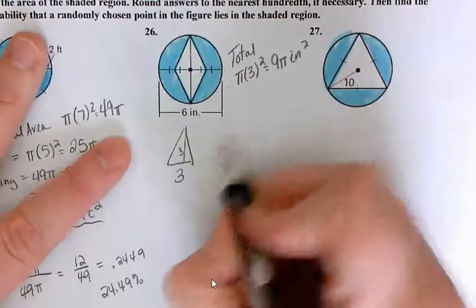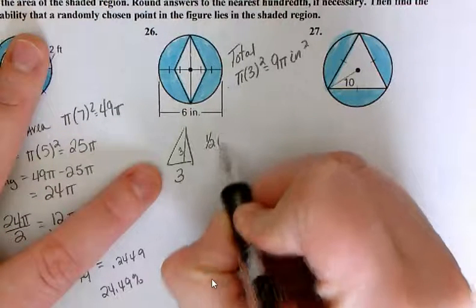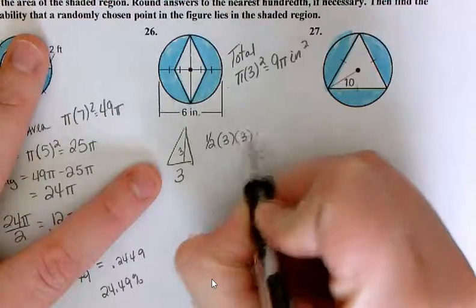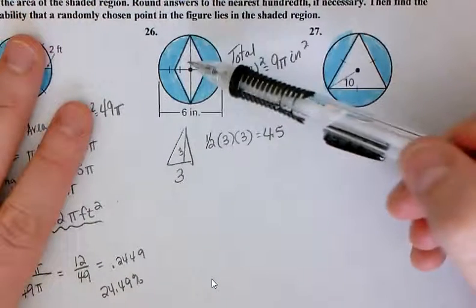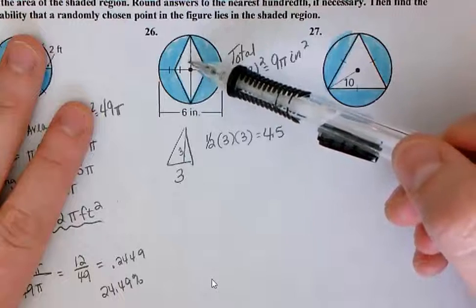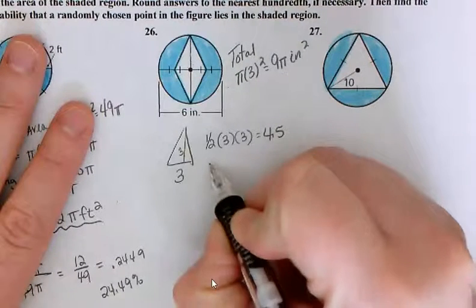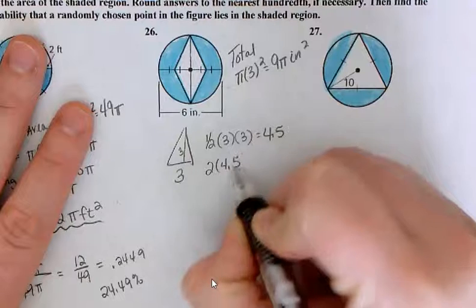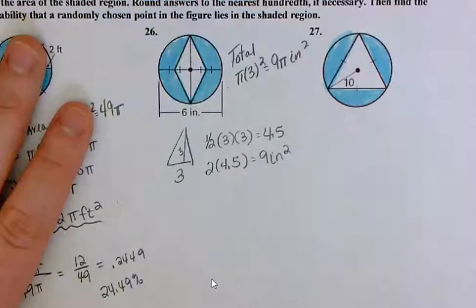So 1/2 times 3 times 3 equals 4.5. That's the area of the top triangle. And I want the bottom one, there's 2 of them exactly the same. So 2 times 4.5 equals 9 inches squared.